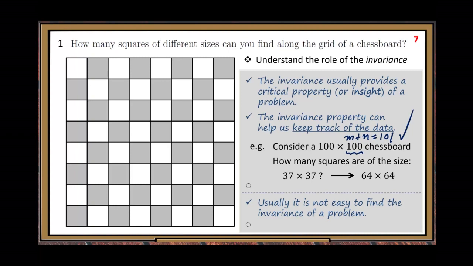In our next example, 8.2, I will give you a very interesting, also very challenging puzzle problem. In that example, you will see it's very hard to discover the invariance quantity.